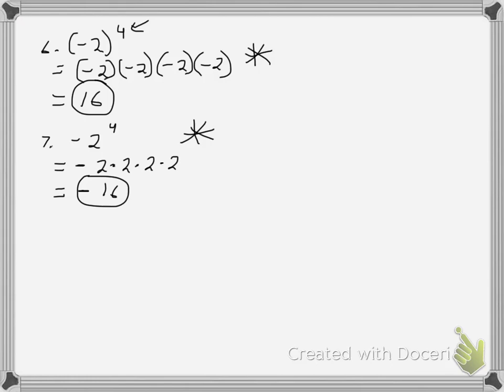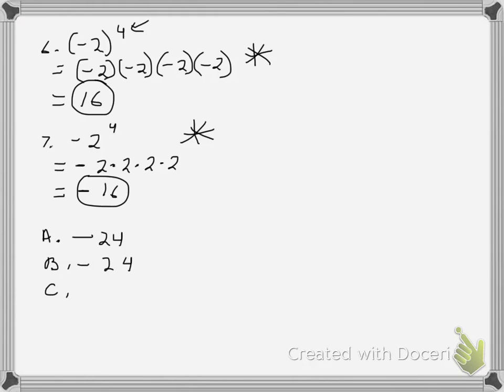Let's go over the oral problems together on page 58. A says, a negative times a positive, my answer will be negative, and 4 times 6 is 24. B says, a positive times a negative, my answer is negative, 3 times 8 is 24.